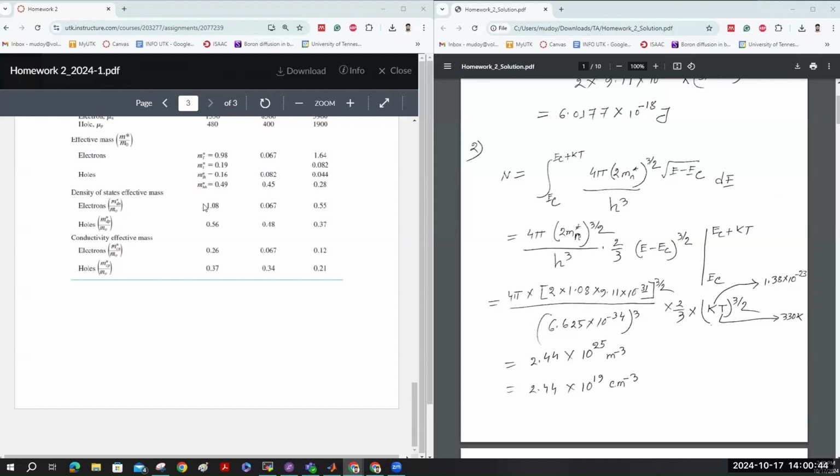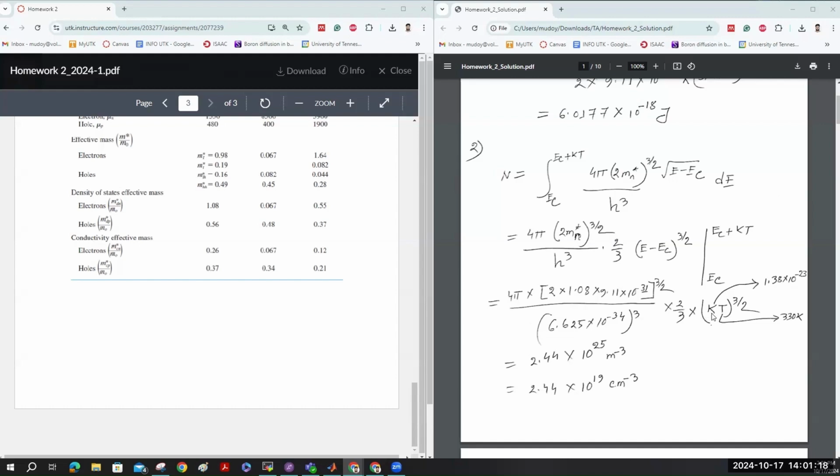I mean, 1.08 is equal to m star n divided by m naught, while m naught is the electron mass, which is 9.11 into 10 to the minus 31. So the density of states effective mass of electrons would be 1.08 into m naught, right? So here what is given, mn star is equal to 1.08 into m naught. m naught is 9.11 into 10 to the minus 31 kg, right?